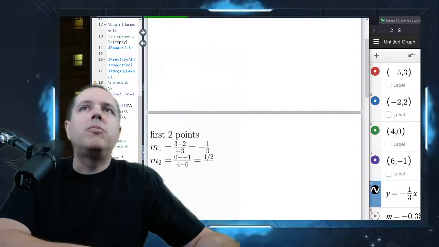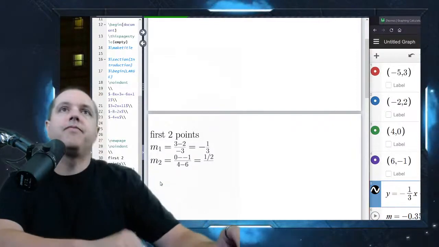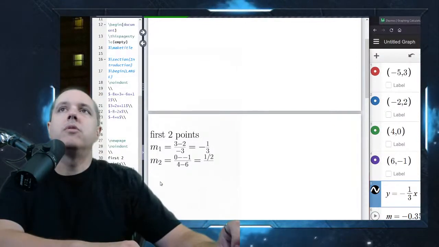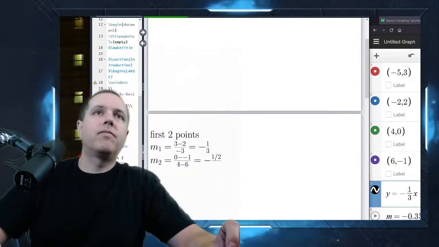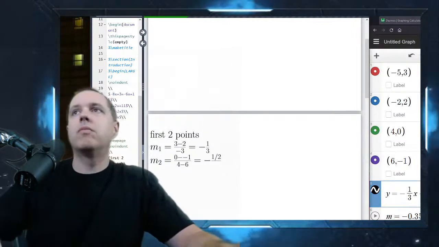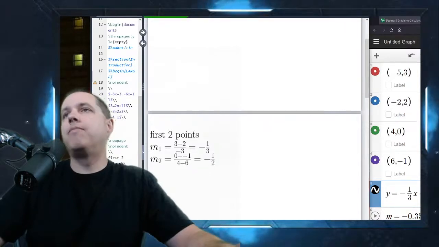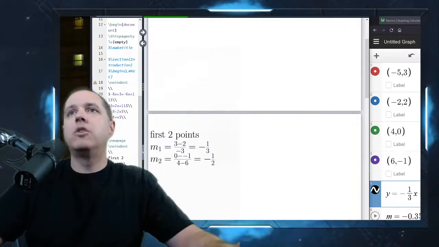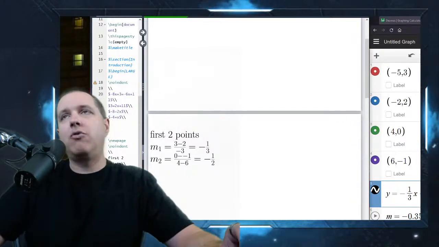Oh, because 4 minus 6 would be negative 2, so it should be negative 1/2. Right? Let's see. Oh yeah, down 2 over 1. So yep. So these 2 points have a slope of negative 1/2.